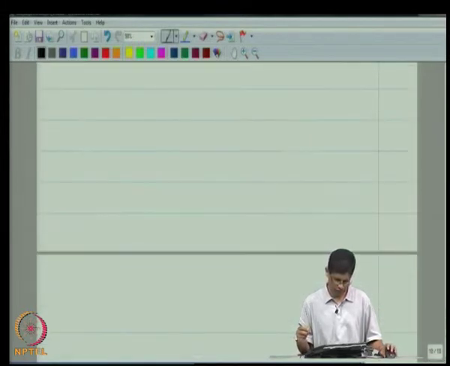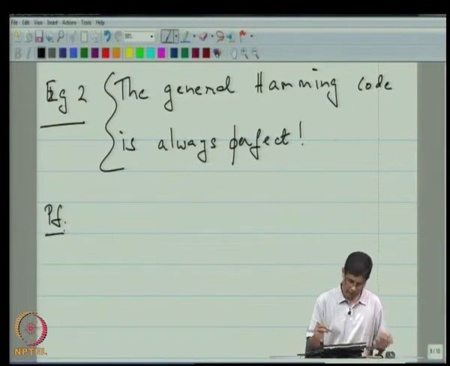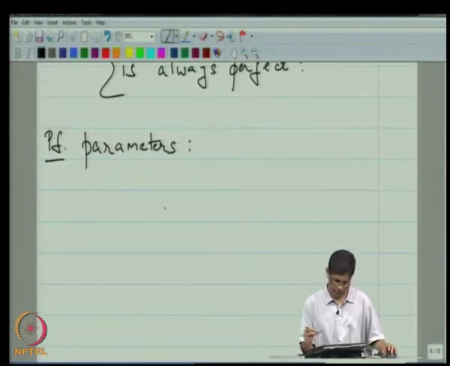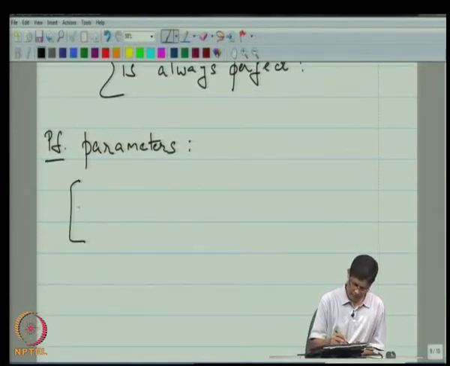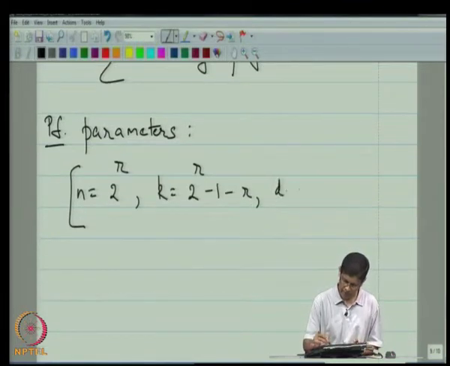Okay, proof. Remember that the general Hamming code has these parameters. Parameters are n equals 2 to the r minus 1, k is 2 to the r minus 1 minus r, and d min is 3.